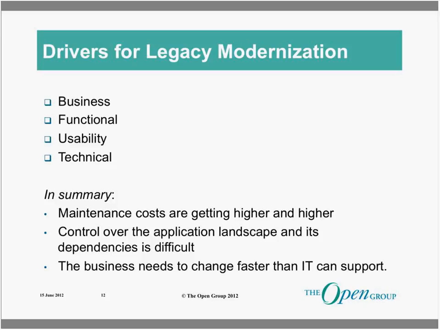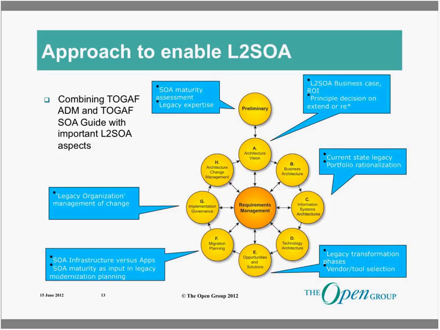Slide, please. As TJ already introduced, the TOGAF ADM, the Architecture Development Method, is a process to facilitate and manage architectural development and transformation. And legacy modernization is all about transformation.